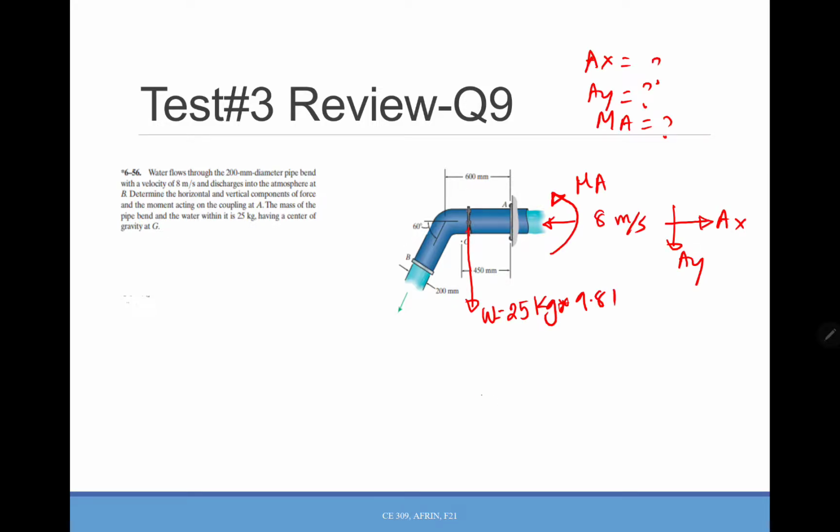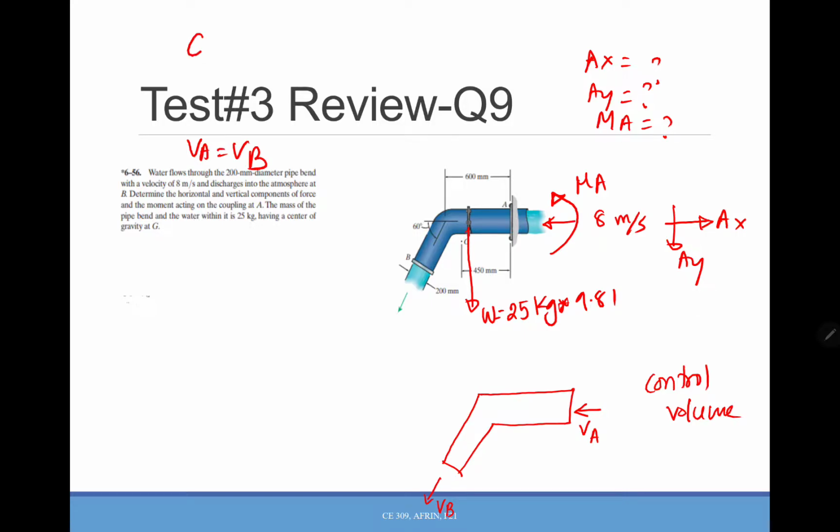So if you draw the control volume, okay, water is coming through this way, VA, and this one is VB. Since the diameter didn't change, the VA and VB will be the same, right?